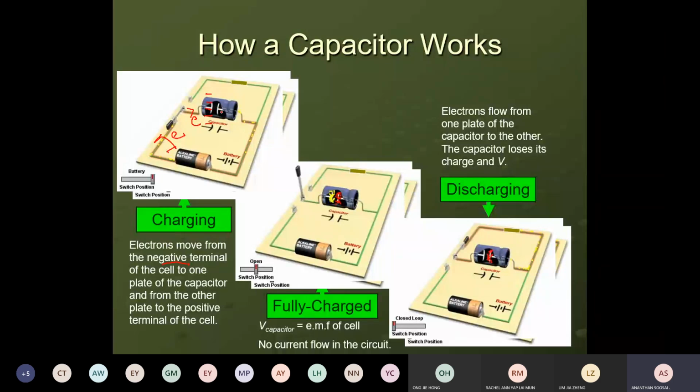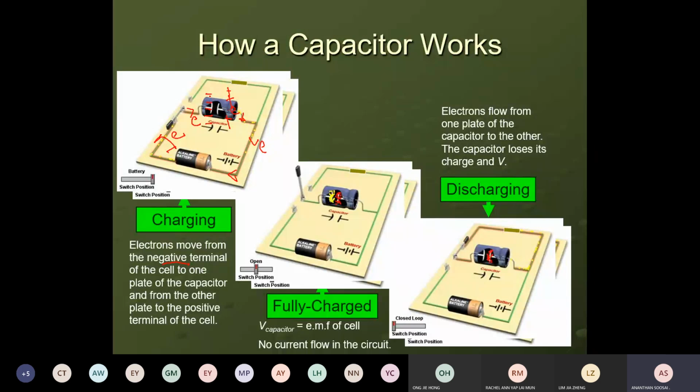The right plate also has electrons. They will be pushed by the accumulation of electrons on the negatively charged left plate, so they move backward into the battery. This creates a positive polarity in the right plate. Again, how is the capacitor charged? Electrons are pushed to the left plate, which becomes negatively charged.